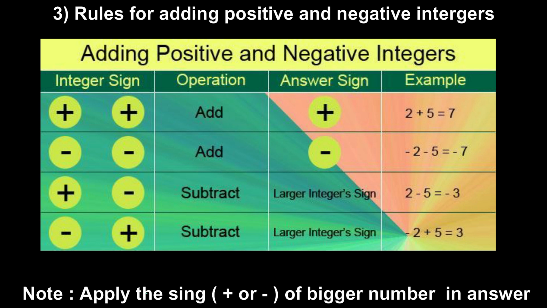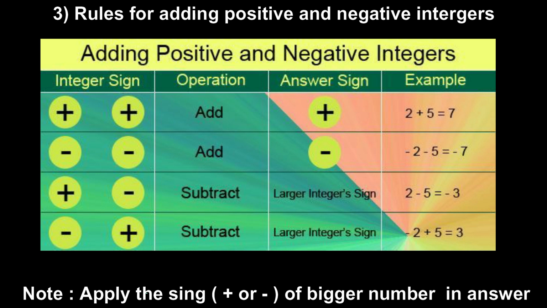First 2 signs, that is plus plus. If we add 2 integers, both of them having a positive value, and the operation is addition, then the answer that we get is plus. So plus plus equals plus.